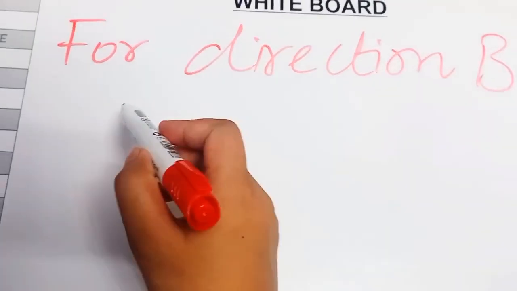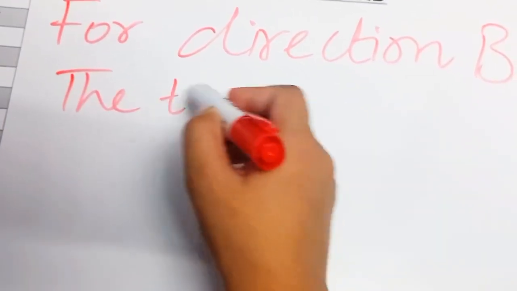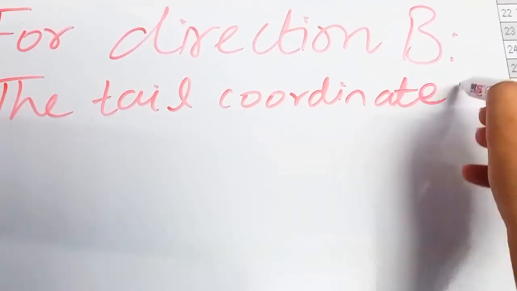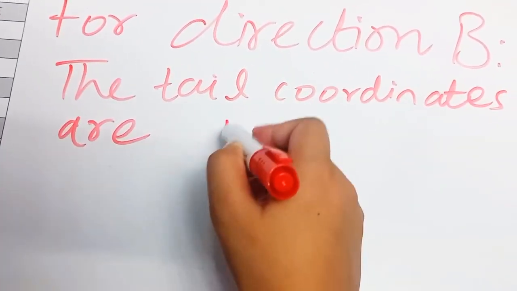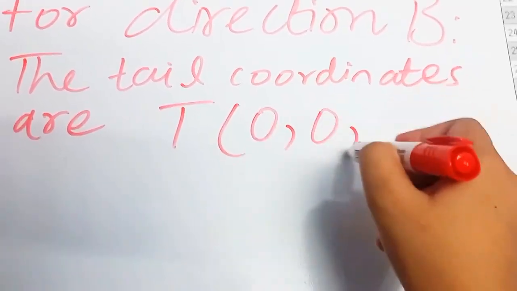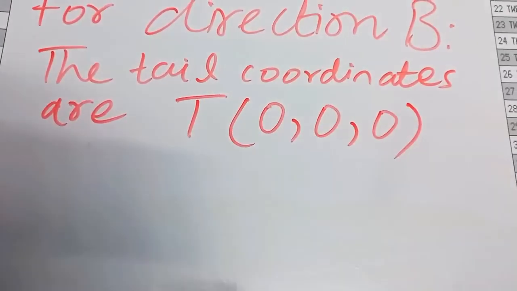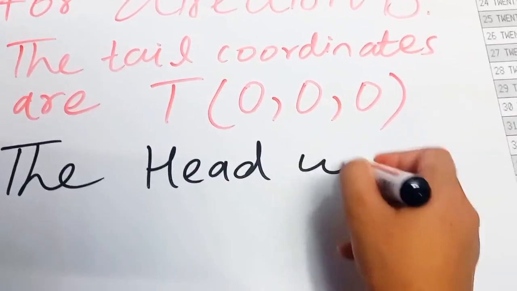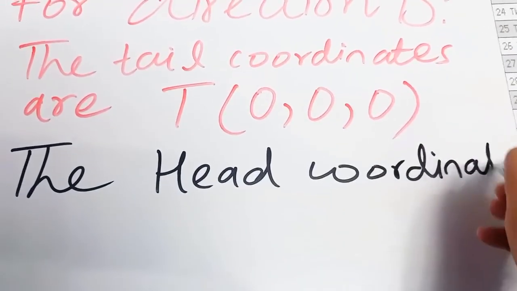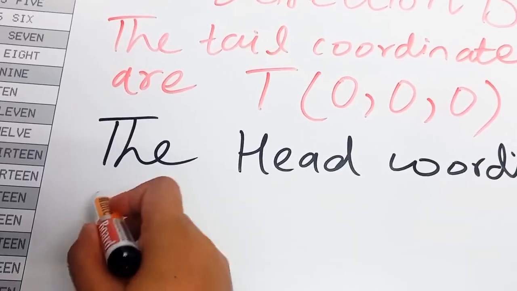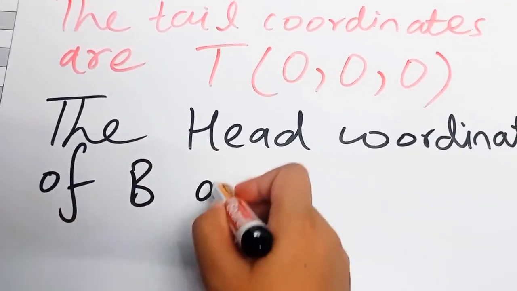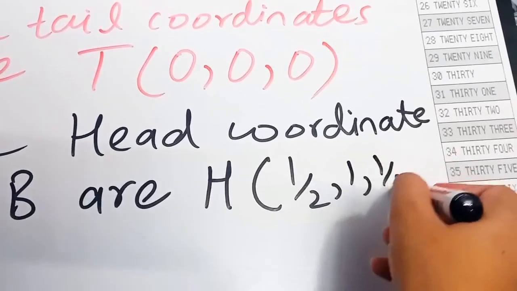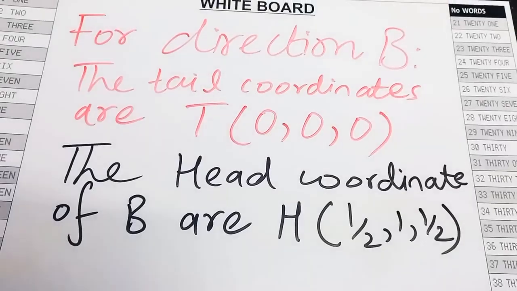Then you'll write the tail coordinates, which were 0, 0 and 0. After doing that, you'll write the head coordinates of direction B: head 1 by 2, 1 and 1 by 2. All right, so this is how you are gonna write it.